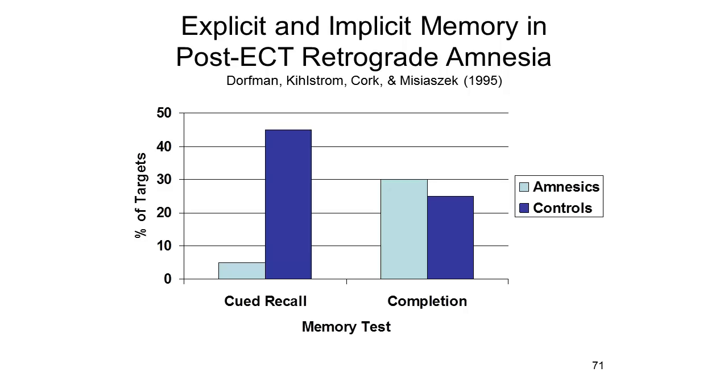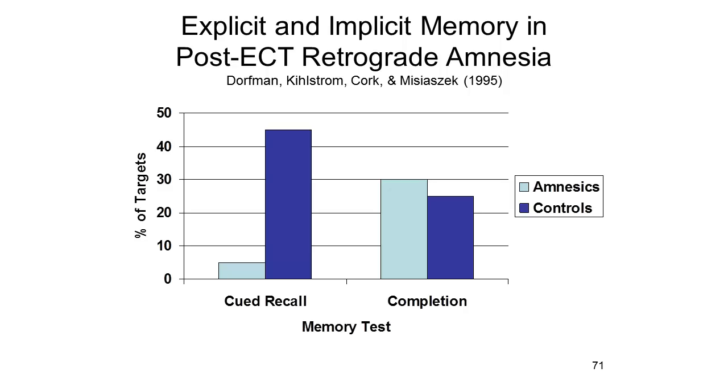Well, in this study, we asked a group of patients to study a list of words right before they received a dose of ECT. After recovering from the treatment, we tested their memory first by an explicit memory test, a test of cued recall, on which they performed very poorly.